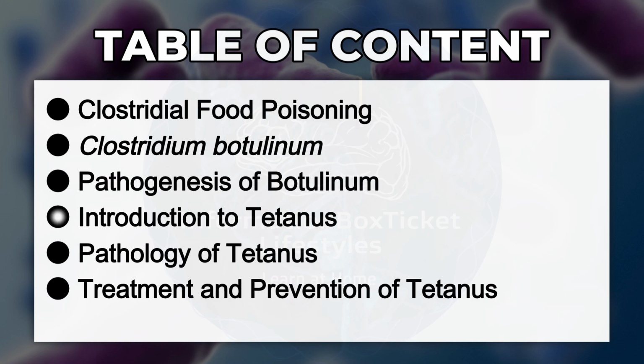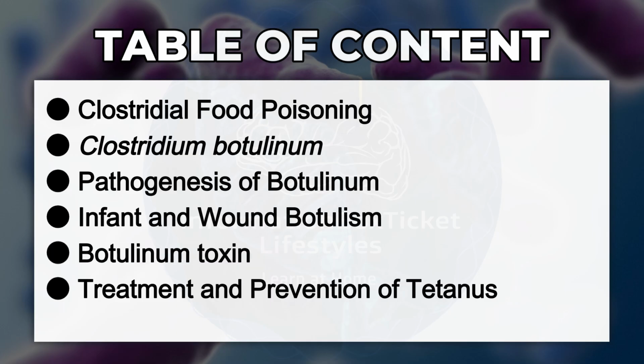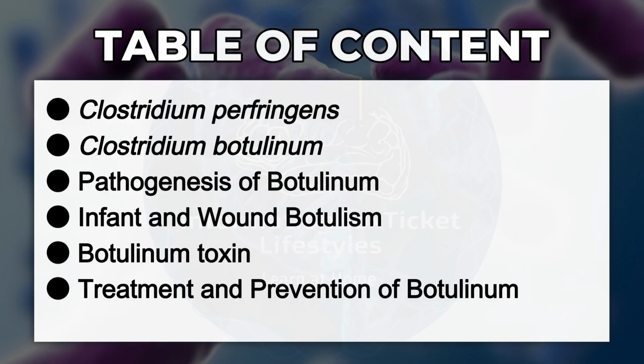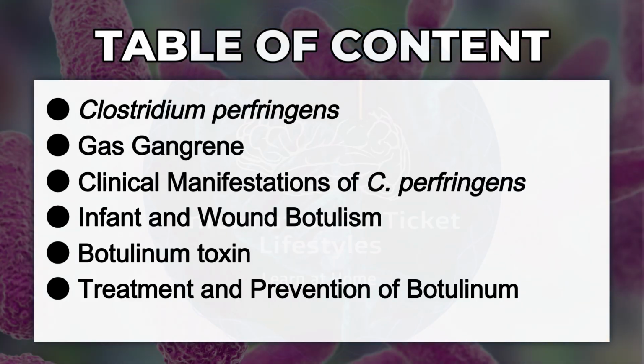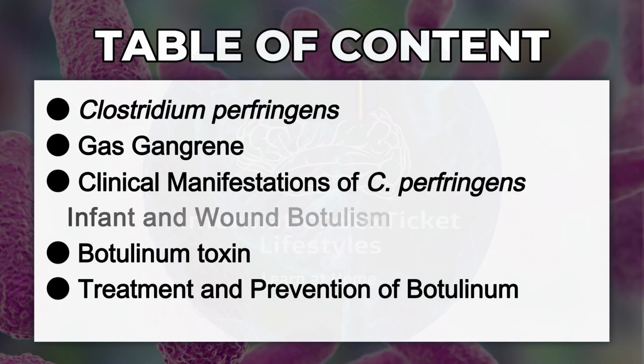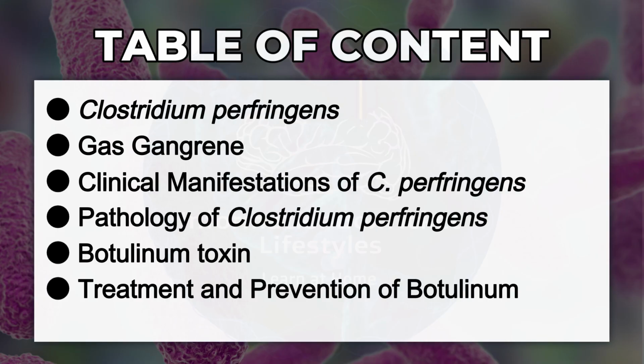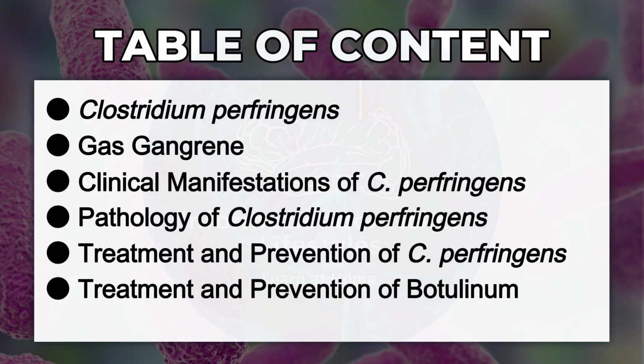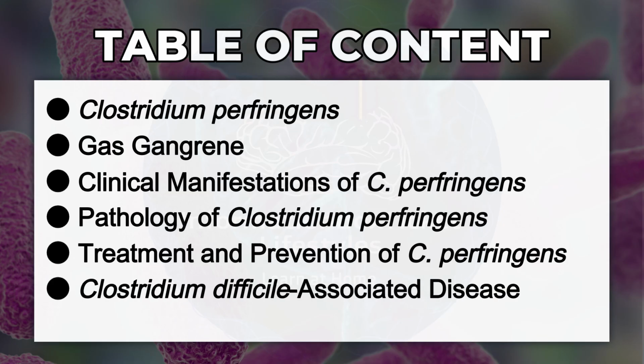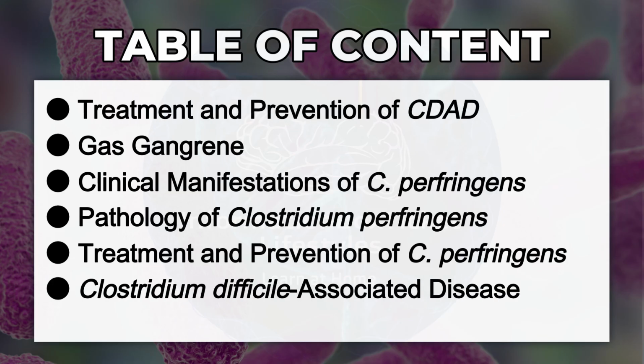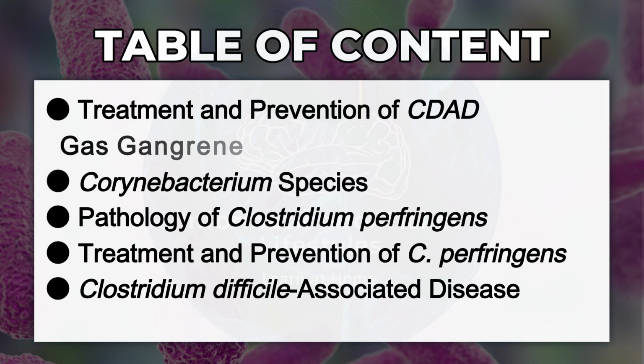Pathogenesis of botulinum. Infant and wound botulism. Botulinum toxin. Treatment and prevention of botulinum. Clostridium perfringens. Gas gangrene. Clinical manifestations of Clostridium perfringens. Pathology of Clostridium perfringens. Treatment and prevention of Clostridium perfringens. Clostridium difficile-associated disease. Treatment and prevention of Clostridium difficile-associated disease.